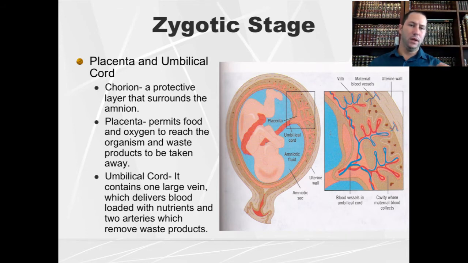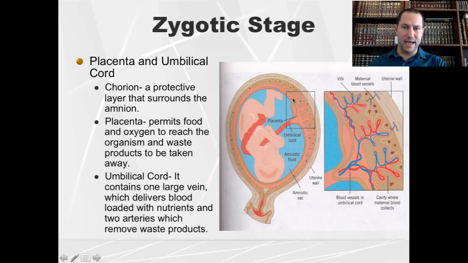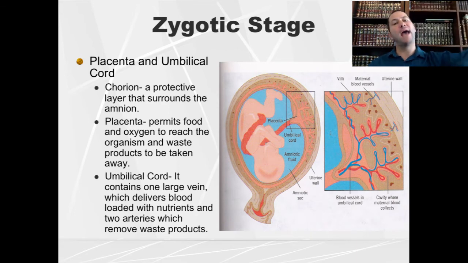So let's go through the various components and their important roles. So the chorion, this thick layer here, it's basically a buffer. It's almost like, have you ever seen in gyms, they have like mats against the wall, so if you run into the wall, it doesn't hurt. So this is like a mat or a buffer to protect the child.